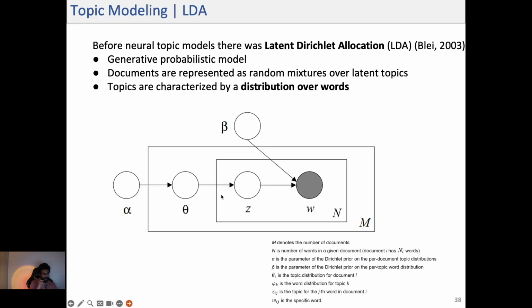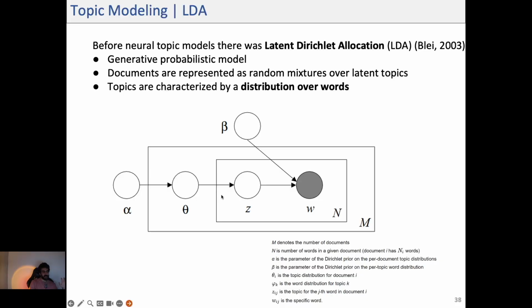Theta sub i is the topic distribution for document i. Phi sub k is the word distribution for topic k. And then Z sub ij is the topic chosen for the jth word in document i, whereas W sub ij is the actual word.